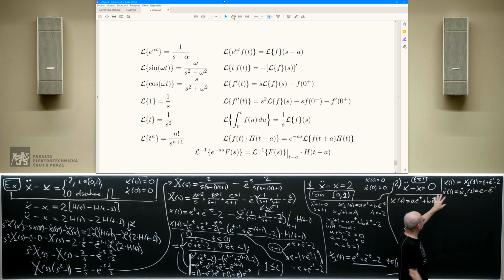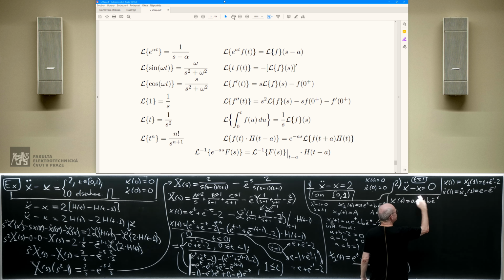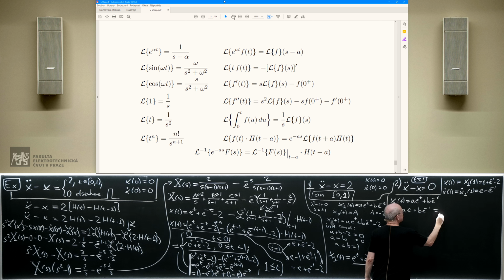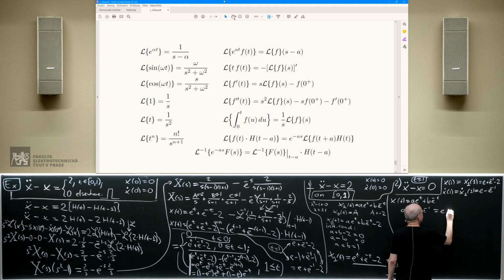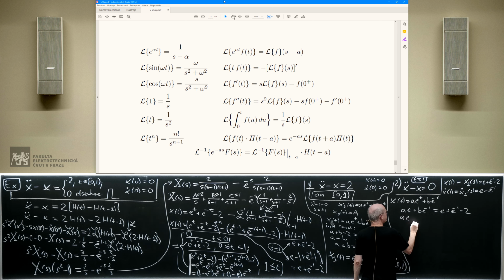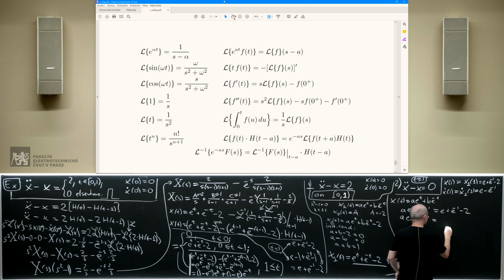General solution, initial conditions, well, there must be a way. I substitute 1 now: a e plus b e to negative 1 is this expression, and I differentiate and substitute 1. And that should be the second condition.